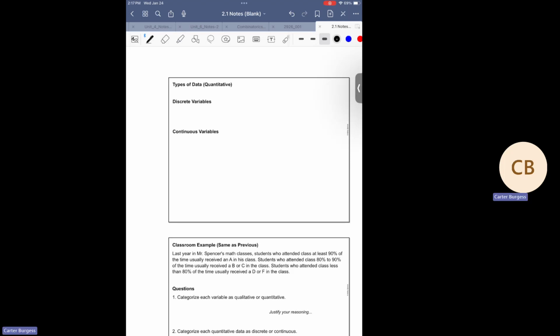There is something fundamentally different about the values that we would expect for those two variables. Can anyone guess as to what the fundamental difference would be in the values that we would expect to see for height versus the number of sweatshirts?